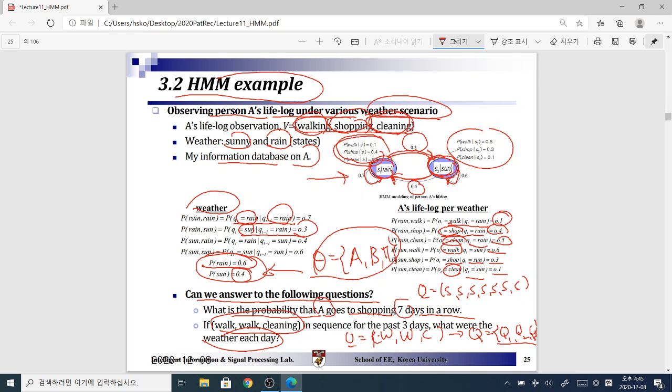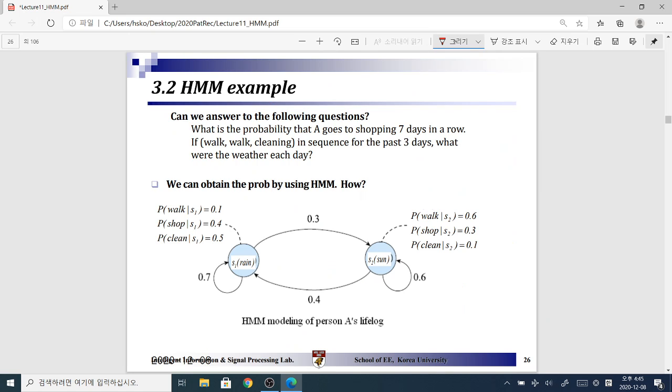So two questions once again. What is the probability that this person goes shopping for 3 days or 7 days in a row? That is one question. And the second question is, given the observation sequence being like this, what is the state sequence? Here we can obtain the probability using the HMM model.